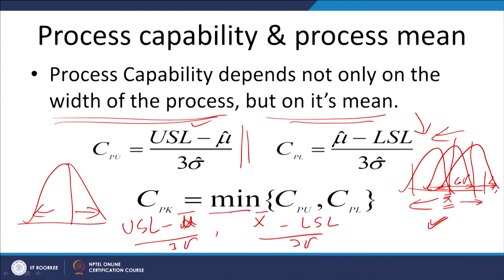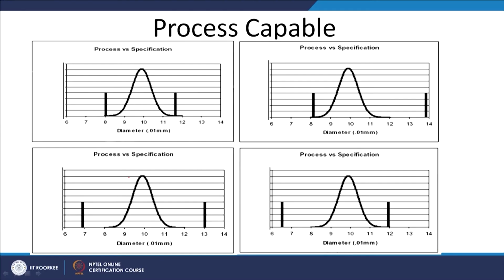So, the minimum of these two is another way to consider the process capability, and this will ensure whether the process will be capable to manufacture the certain products within the specification limits or not, despite a shift in its mean. So, these are a few examples where it has been shown whether the process is capable to manufacture certain products within the specification limits or not.